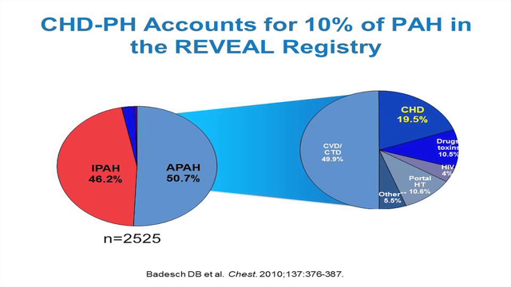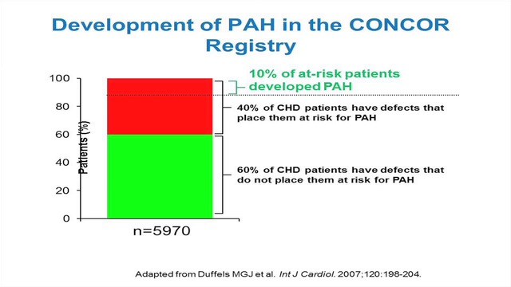Now, as I mentioned, the other way to do this is to look at a large congenital heart disease registry, and this is actually taken from the Dutch registry called CONCOR. And what they saw was that about 60% of patients had lesions that would not predispose them to pulmonary hypertension. About 40% did, and you can see that about 10% of their entire cohort did eventually develop pulmonary arterial hypertension.